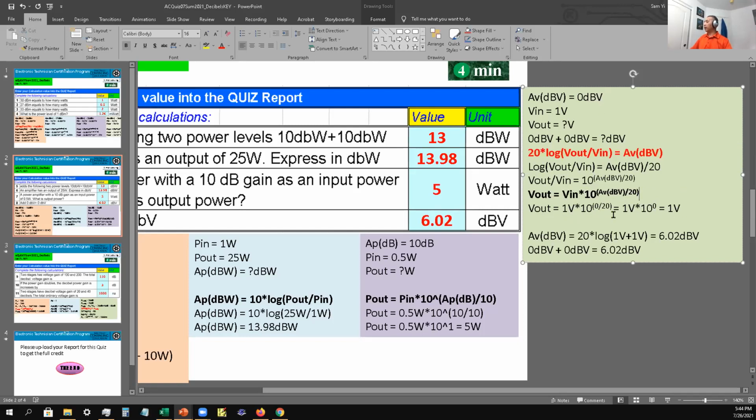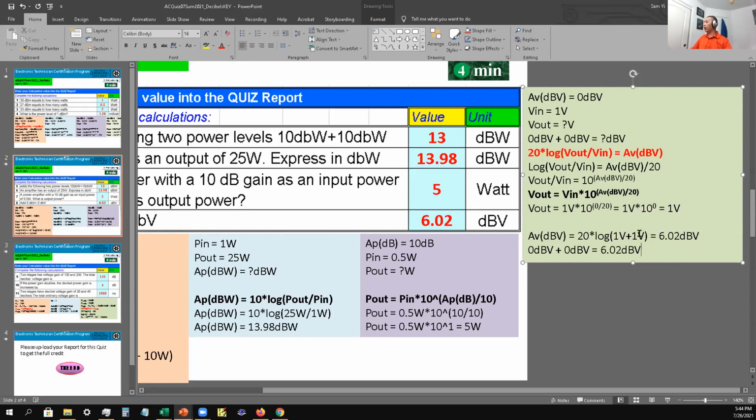Now I have to double it because there's 2 of them, 0 and 0. So when I put back in the formula, I take 10 times the log of open quantity, 1 volt plus 1 volt. This represents the 1 dBV, and this is the 0 dBV.